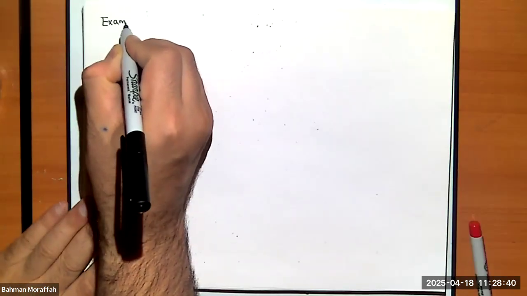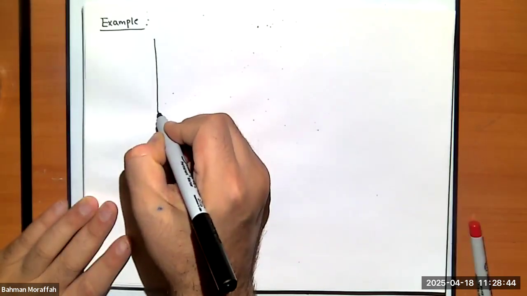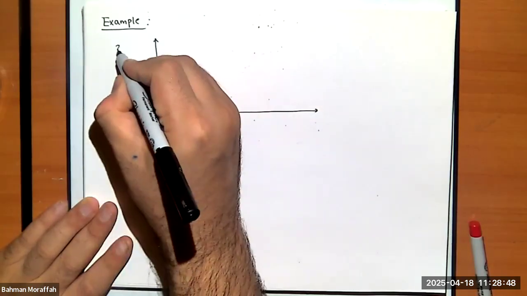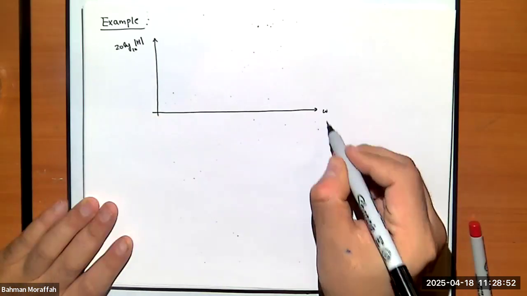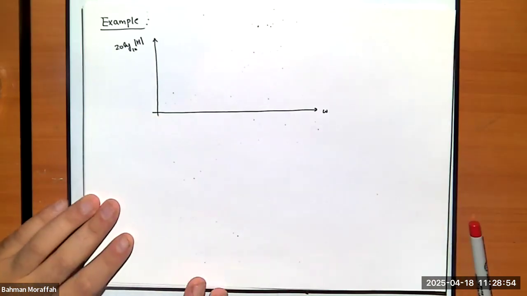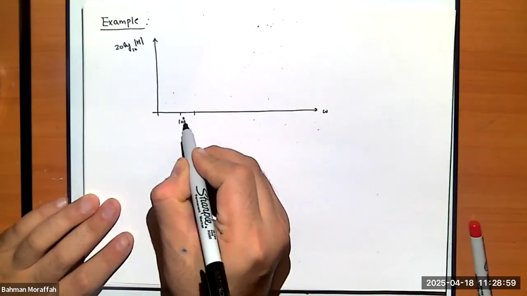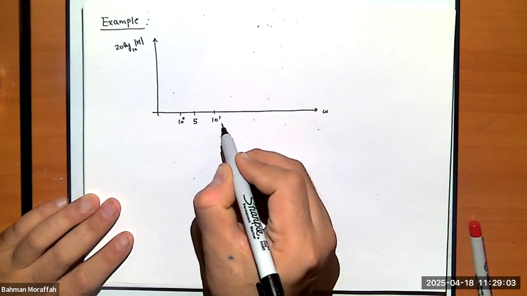Example. Let's just say I'm given this function. This is 20 times log 10 absolute value of H. This is my omega axis. I have 10 to the 0. This is 5. This is 10 to the 1.